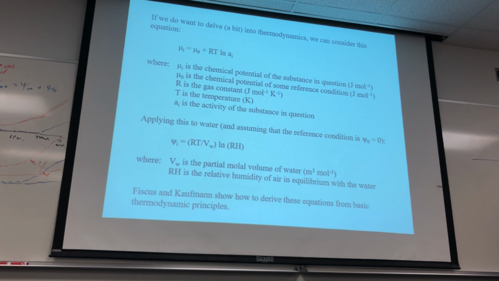A lot of times when the soil dries, it dries from the surface down. So it's very dry here and it gets higher water content the deeper you go in the soil.